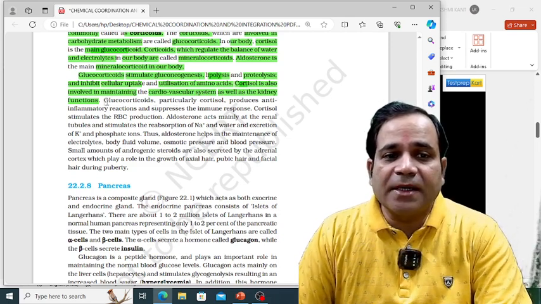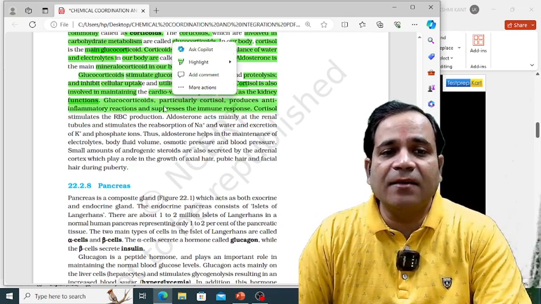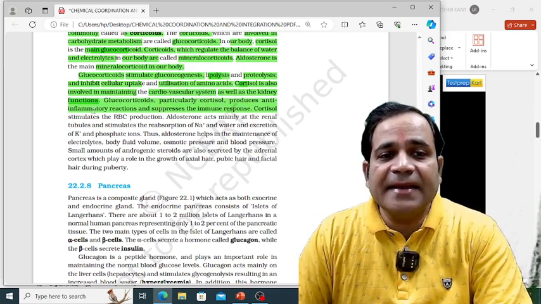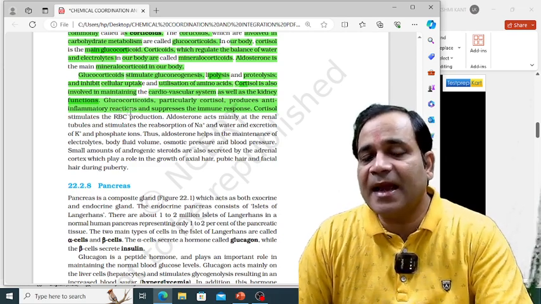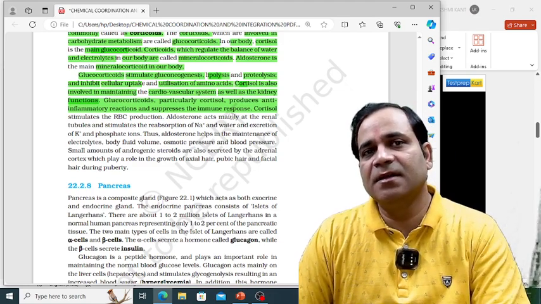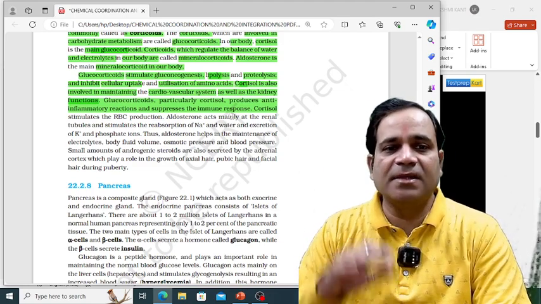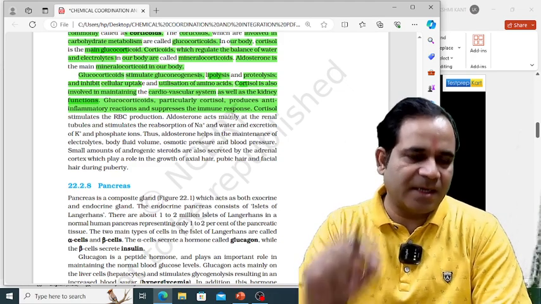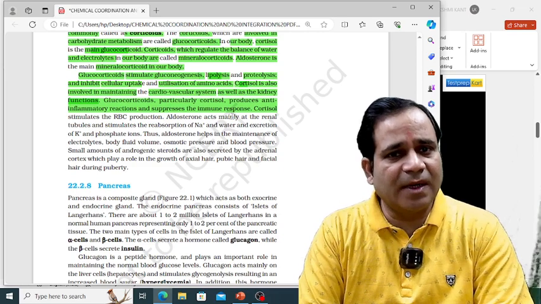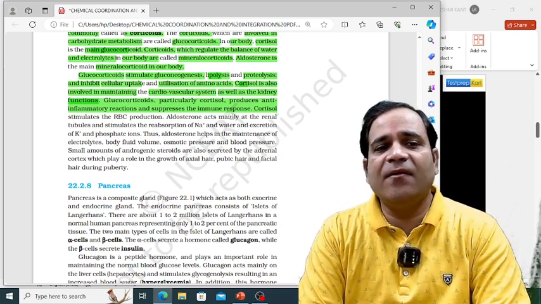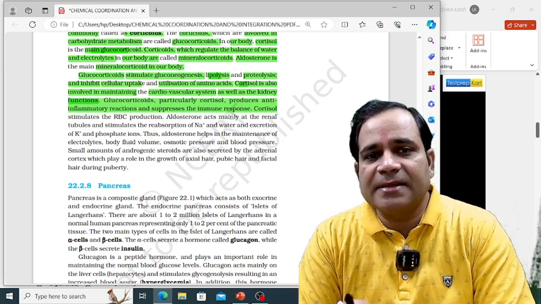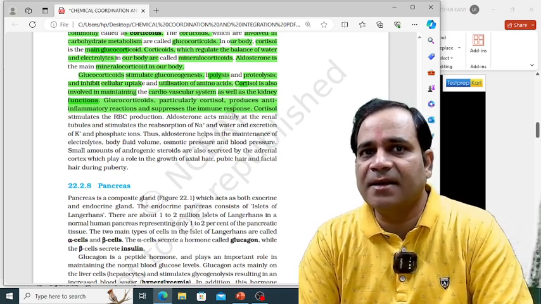So glucocorticoids, particularly cortisol, produce an anti-inflammatory reaction and suppress the immune response. Cortisol is responsible for the anti-inflammatory reaction and suppresses the immune response.